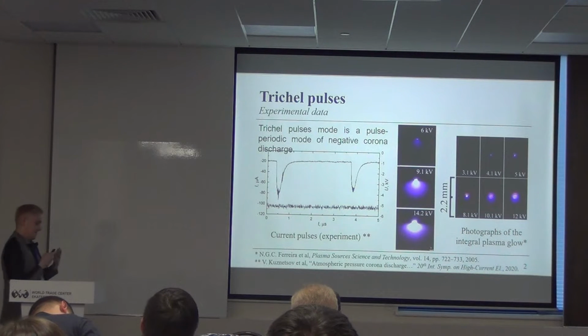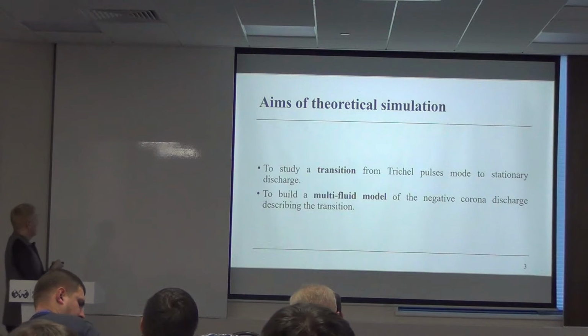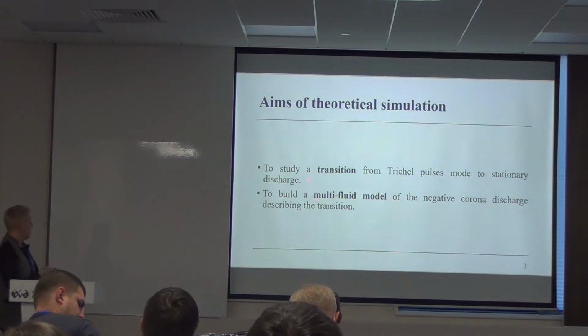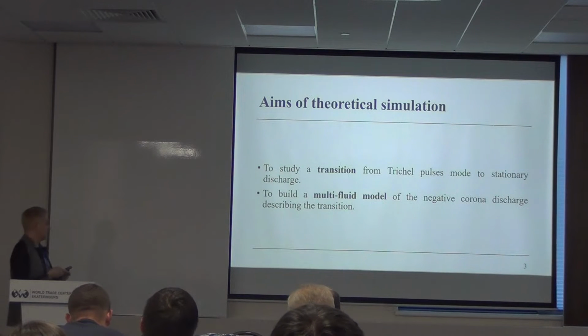And at the moment, there's no clear opinion. That is why we have chosen to study the transition from the Trichel pulses mode to a stationary discharge, and as a result, we got a multi-fluid model of negative corona discharge describing the transition.